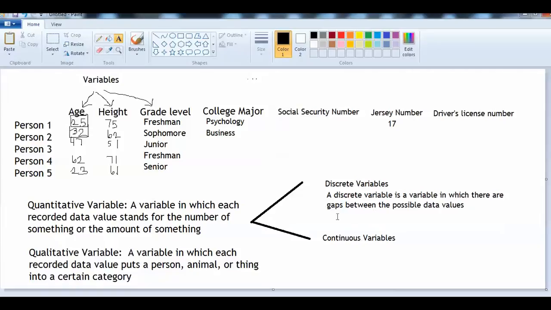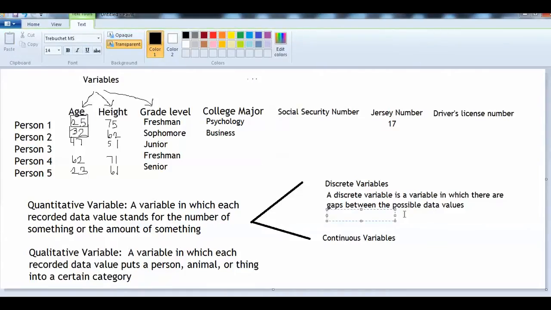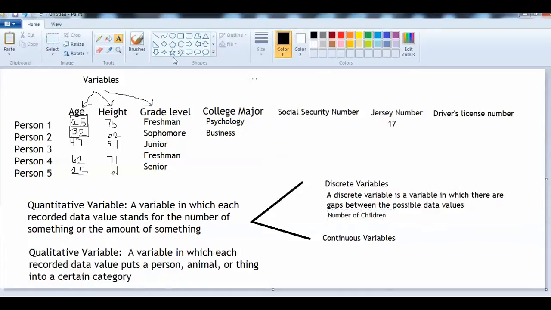So what do I mean by this? If you ask a person, how many children do you have? We'll use that as our first example. A person might say, I have one child, or maybe two children, or maybe three children, but they'll never say anything in between.